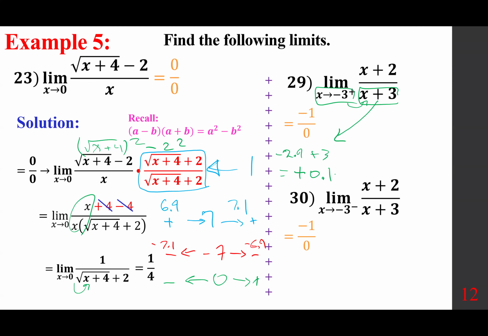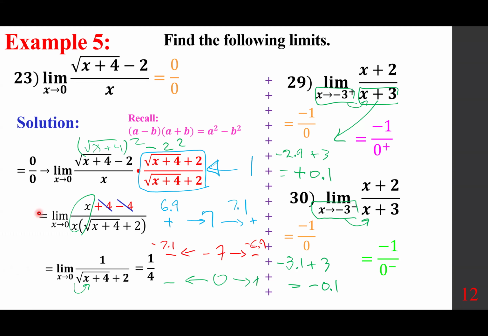You can even write -2 + 3 is positive 1. The point is 0 from the right, because this is positive. On the other hand, if you plug in -3 from the left, like -3.1 + 3, which is -0.1. So this time, -1 over 0 from the left.